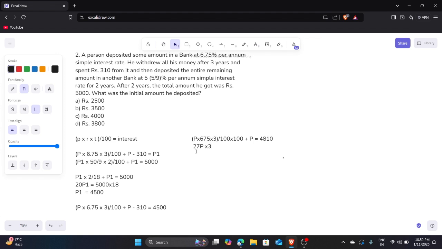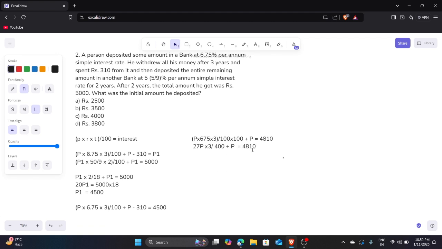I divided this number by 25, and the 4 is remaining, so it is 100, plus P, and equal to the amount given.